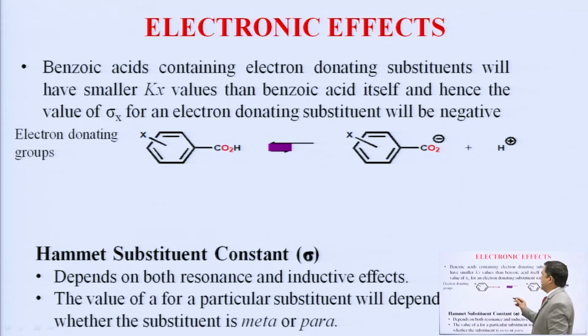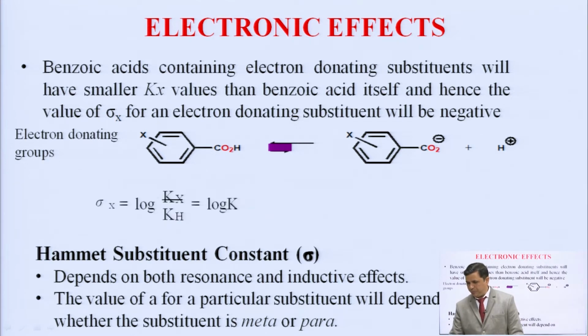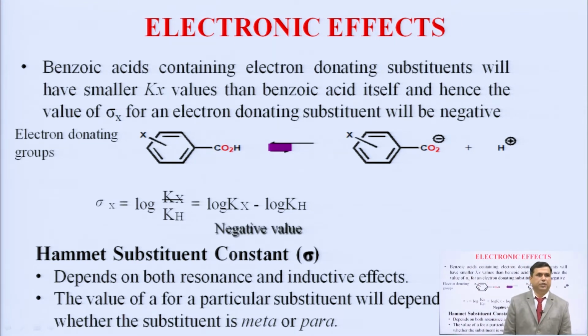in this case the dissociation constant of the parent benzoic acid is more as compared to the substituted benzoic acid. So, log Kx minus log Kh: as I have already said, for this substituted benzoic acid Kx is less than Kh. So, the value of sigma is negative.